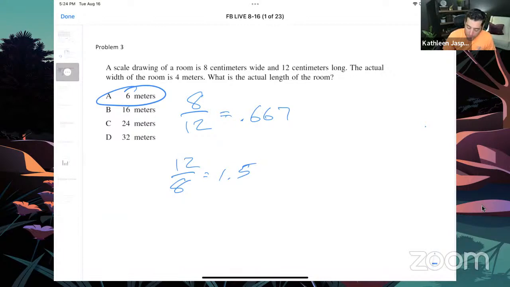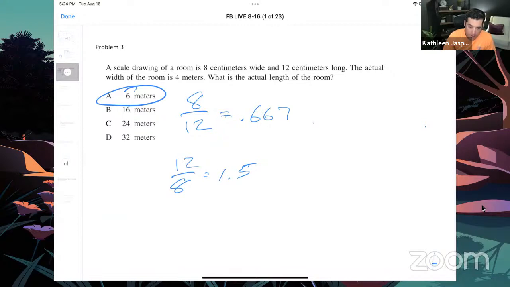All this means is the room that I have, the scale drawing, the small side, the big side is bigger. Well, sorry, I don't want to confuse you. With 8/12, 8 being the small side, 8 is 0.667 of the big side.